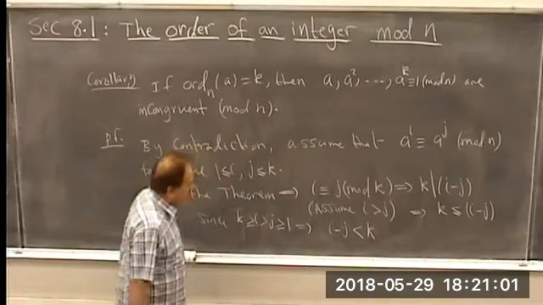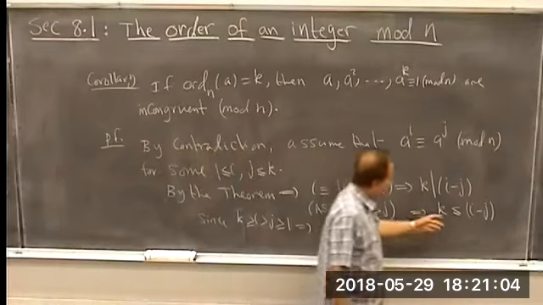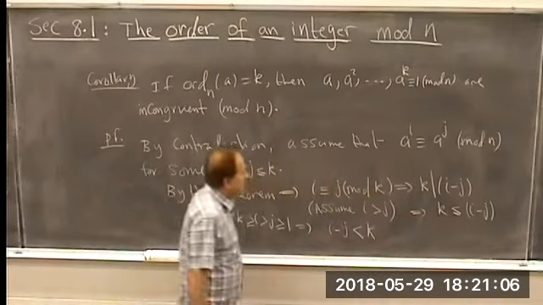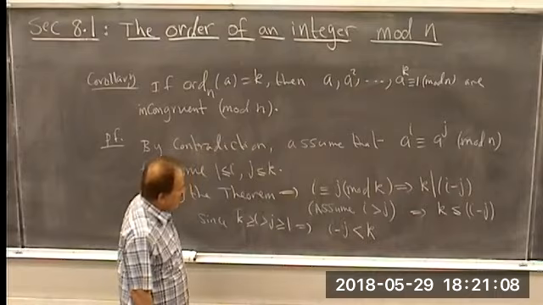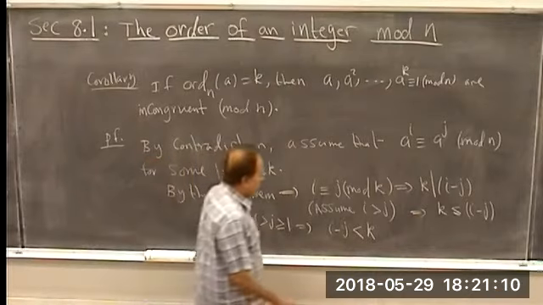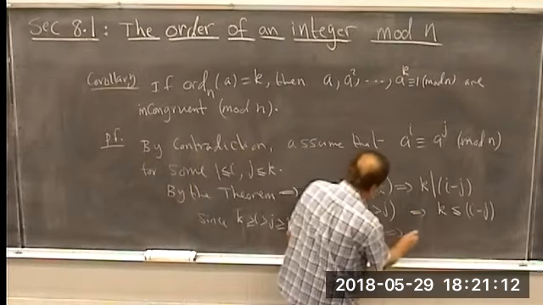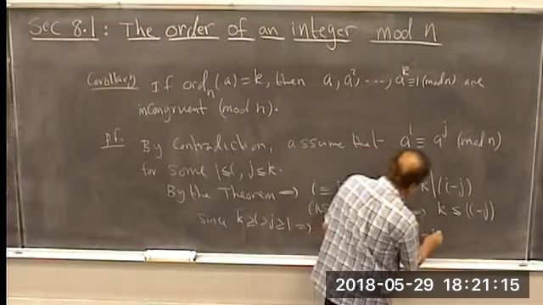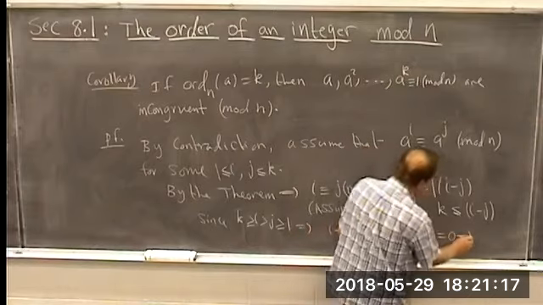So in order for both of these to hold, k is less than or equal to i minus j and i minus j is less than k, the only way this could happen is that i minus j must equal 0, and then we have our contradiction.